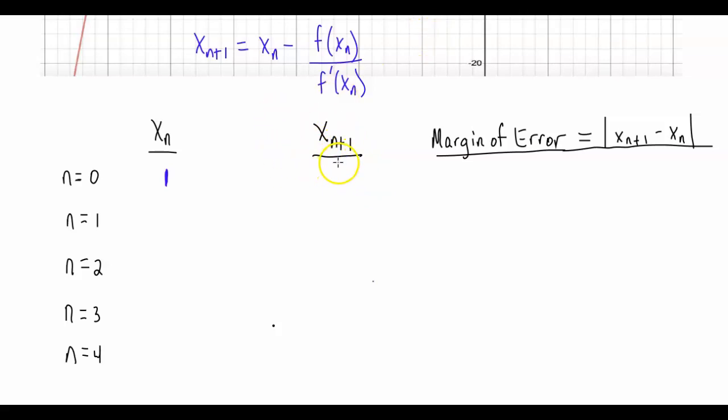And then we'll compare what we have here with the x sub n plus 1 with the x sub n. And of course, we just want to see how close these two numbers are. And the margin of error that I'm going to use here is that I want less than 0.001. So less than 0.1% difference in between these two numbers here.